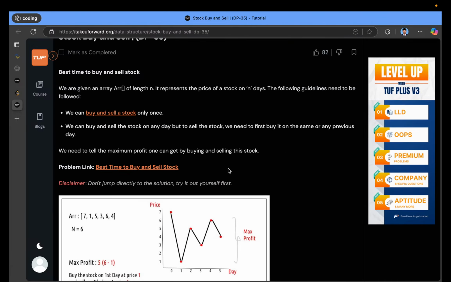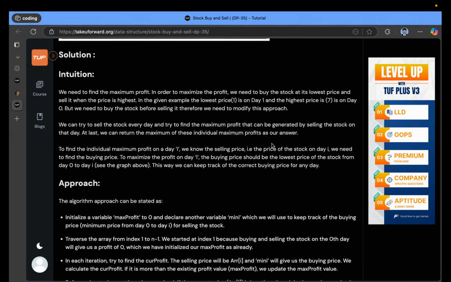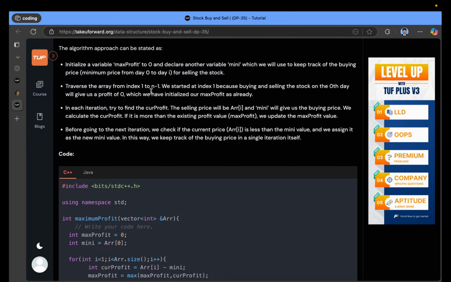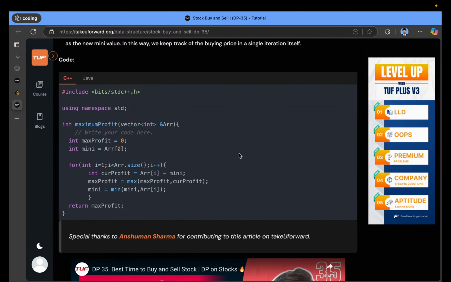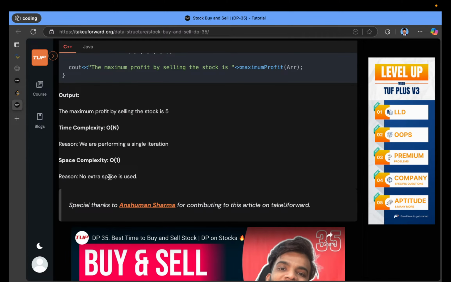Array. Okay, yeah, I know what this question is. Wow, nice. Approach. Okay, all these things. I have done the same. Time complexity and space complexity are O(1).